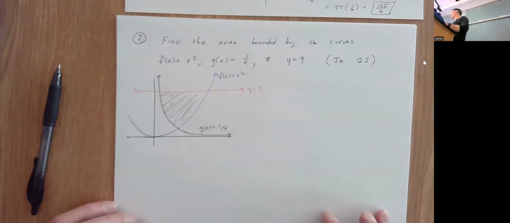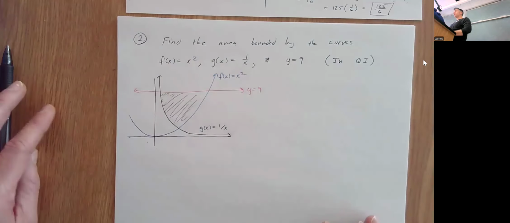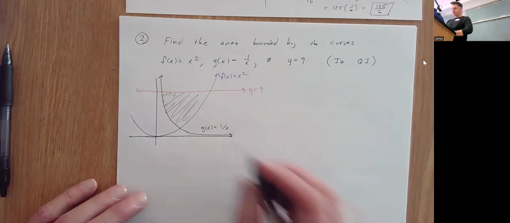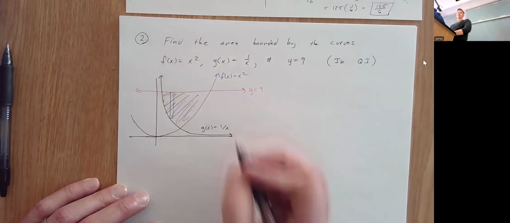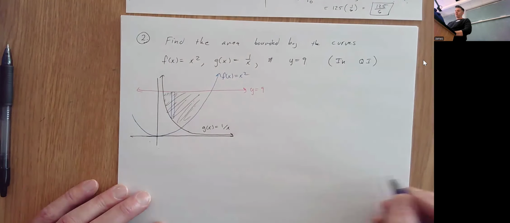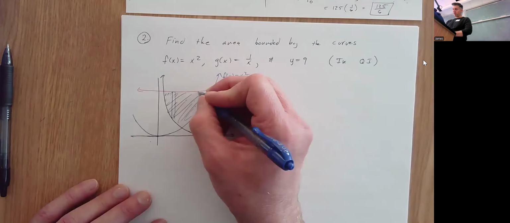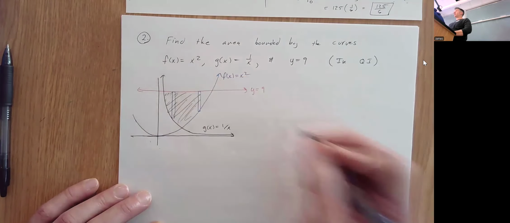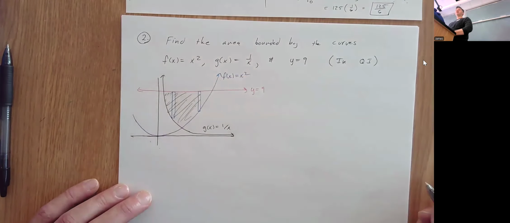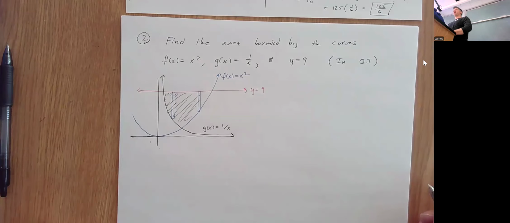If I draw a vertical strip over here, the top boundary is y equals 9 and the bottom boundary is g of x equal to 1 over x. But if I draw it over here, the top boundary is y equals 9, but the bottom boundary is f of x equal to x squared. So the problem is that to find the area bounded by these three curves, I have to break this up into multiple intervals. I have to break it up right here.